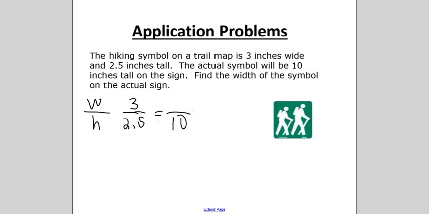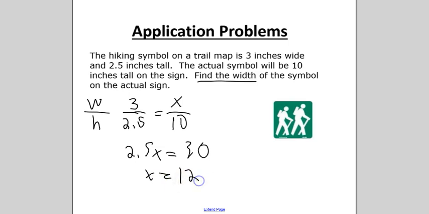Here. Find the width. So that's up top. So 2.5 times x equals 3 times 10. And then I just divide 30 by 2.5, and I get x equals 12. And remember, word problem, word answer. Use the units. And that's it.